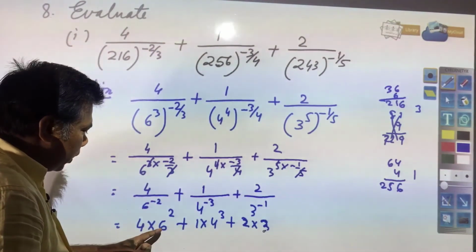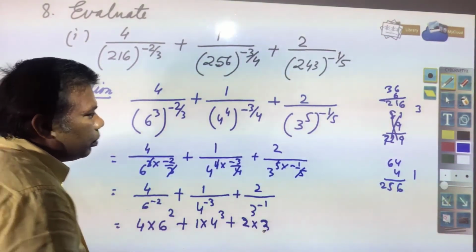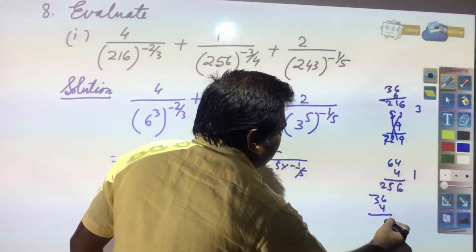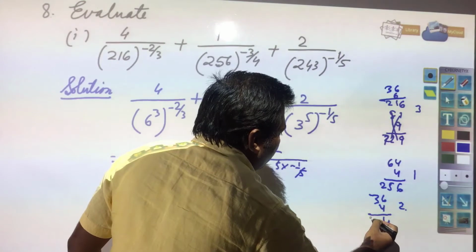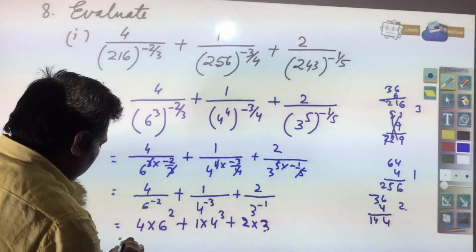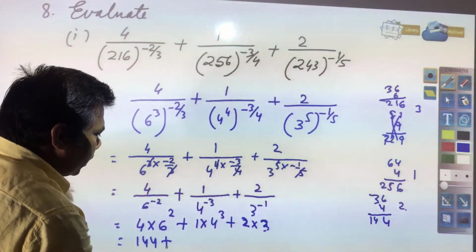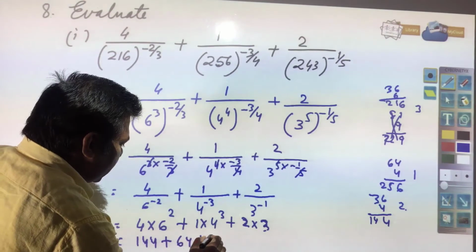here you see you have 6 square means 36, 36 into 4, you will have 4 3s are 12 and 2 is 14, 144 plus 4 cube means 64 plus 6.